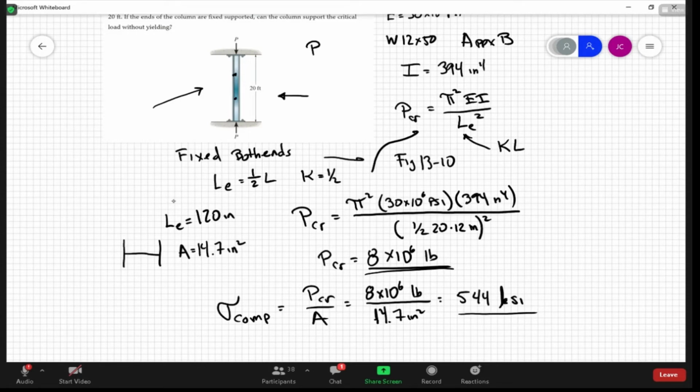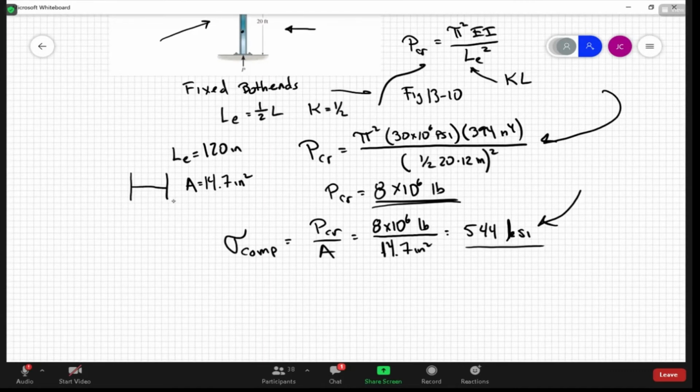But again, it depends upon the actual grade of steel. You'll notice that when you compute the buckling load, the strength of the material doesn't enter into it at all, which is kind of unusual. The stiffness of the material does enter into it because we have E and I, but the strength doesn't. When we figure out the P over A stress, obviously the allowable stress enters into this.